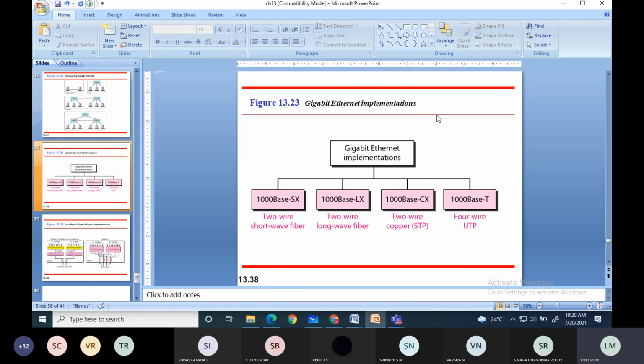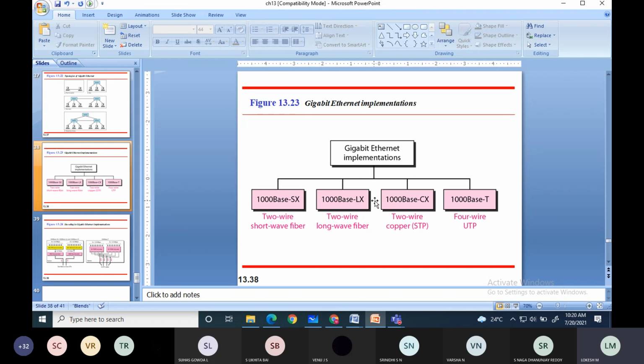These Gigabit Ethernet implementations have four different categories or versions: 1000Base-SX, 1000Base-LX, 1000Base-CX, and 1000Base-T. 1000Base-SX is short wave fiber, where we can use fiber cables for shorter distances and transmit 1000 Mbps of data over that cable.